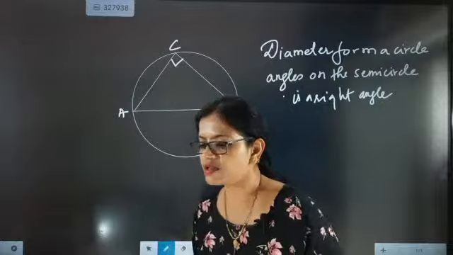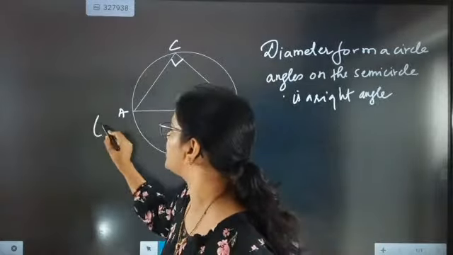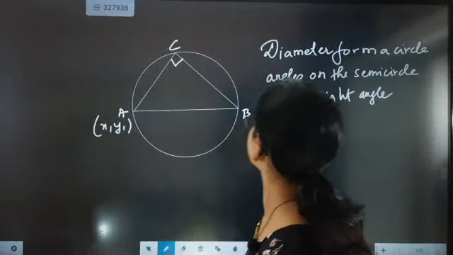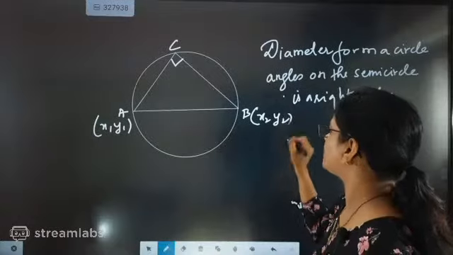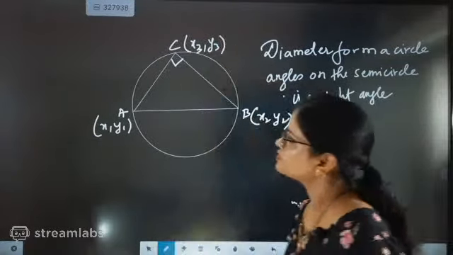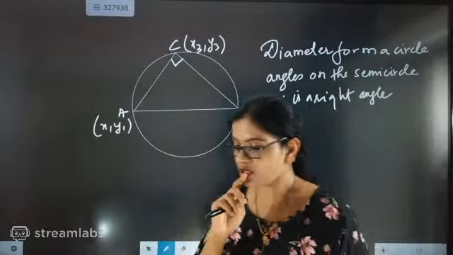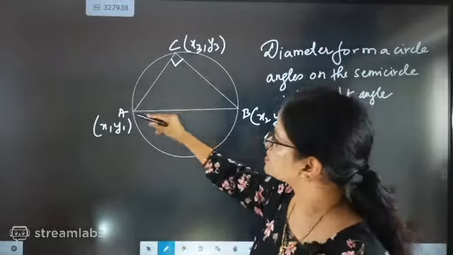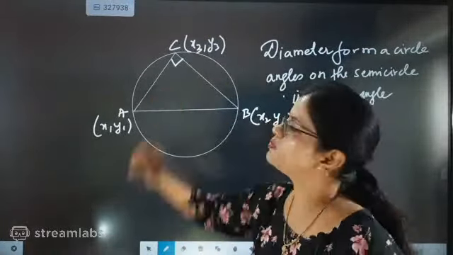Now we are going to take three vertex points: x1 comma y1, this point x2 comma y2, and this point x3 comma y3. So now these 3 points are there. But the most important thing, we know that AC is perpendicular to BC.